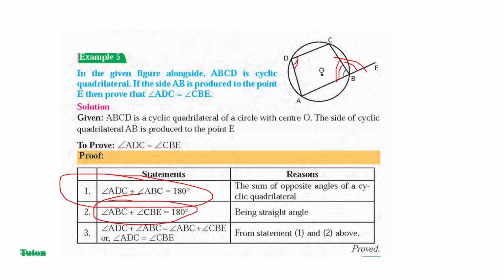Now equating statement 1 and statement 2, we can get statement 3. Now cancelling the similar term in the equation, which is angle ABC, we have finally got our answer, which is angle ADC is equal to angle CBE. So solving this question requires the combined knowledge of theorem 3 for cyclic quadrilaterals and the knowledge of the straight line.